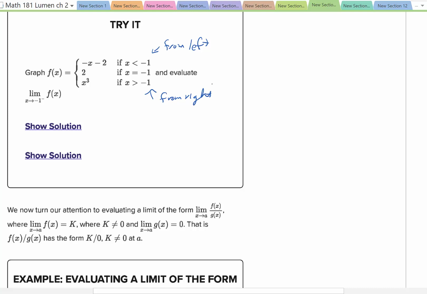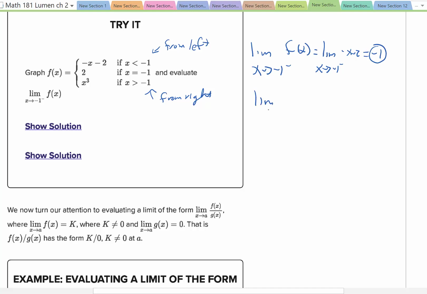And so in this case, the limit as x approaches negative 1 from the left of f of x is going to be the limit as x approaches negative 1 from the left of negative x minus 2. And that means you plug a negative 1 in there. So negative of negative 1 is 1, minus 2 is negative 1.